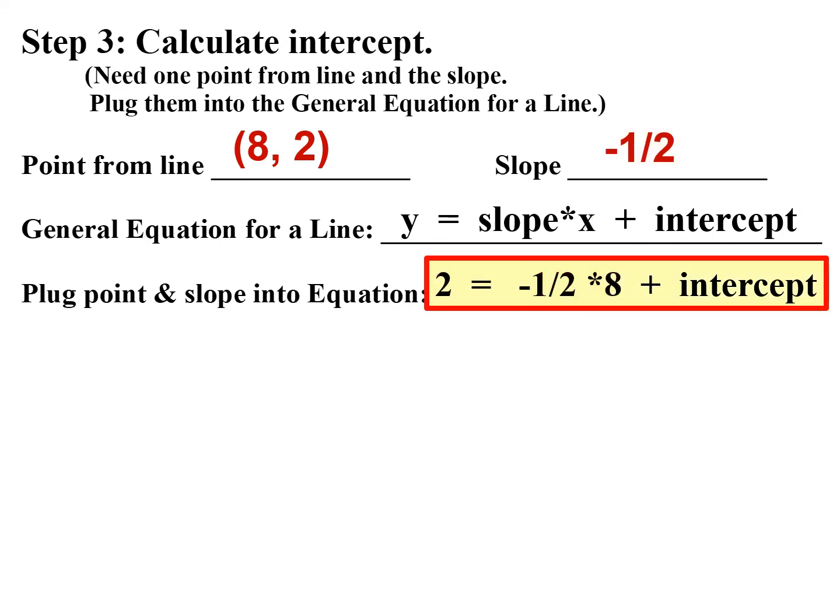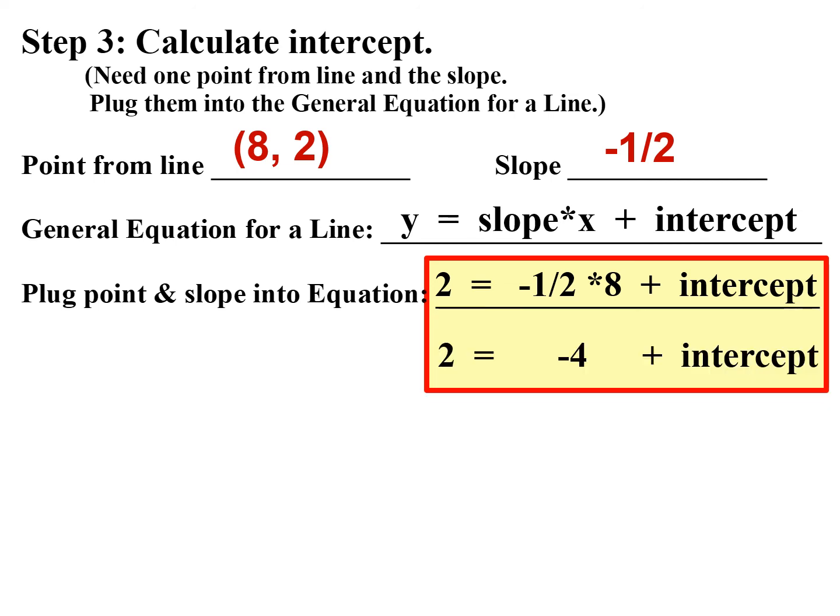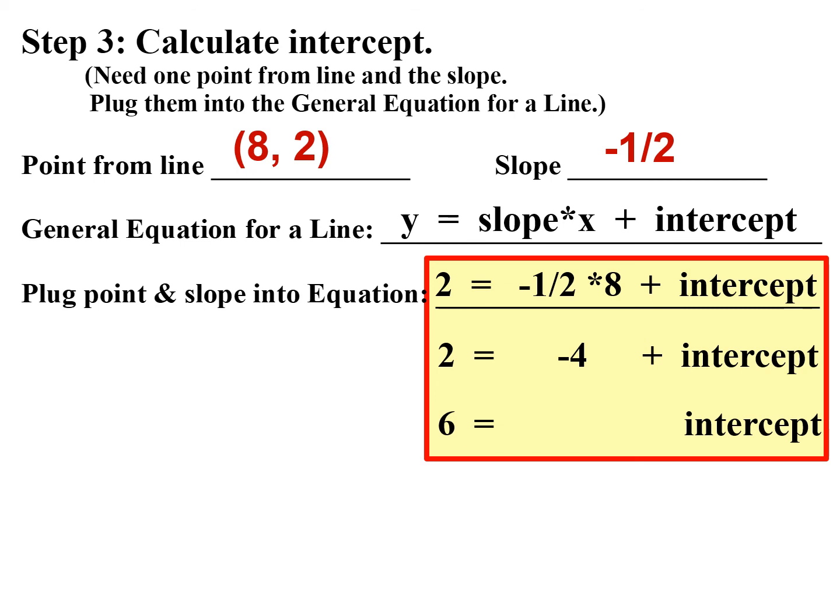So our full equation is now 2 is equal to minus 1/2 times 8 plus the intercept. Remember that 1/2 is negative. When we multiply negative 1/2 times 8, we get negative 4. And after adding 4 to both sides, we have 6 is equal to the intercept. So no matter what point you chose, you should still get an intercept of 6.